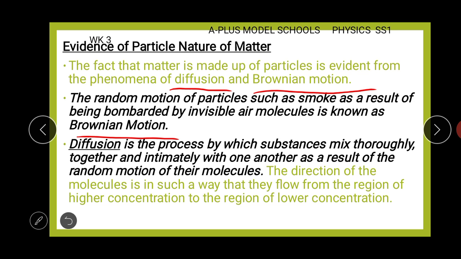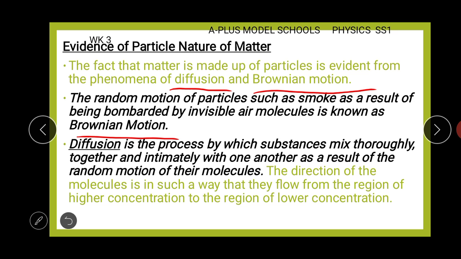Such movement of particles, such as smoke, as a result of being bombarded by invisible air molecules, is known as Brownian motion. So Brownian motion is typically irregular or unpatterned movement of particles of matter as a result of being bombarded by invisible air molecules.